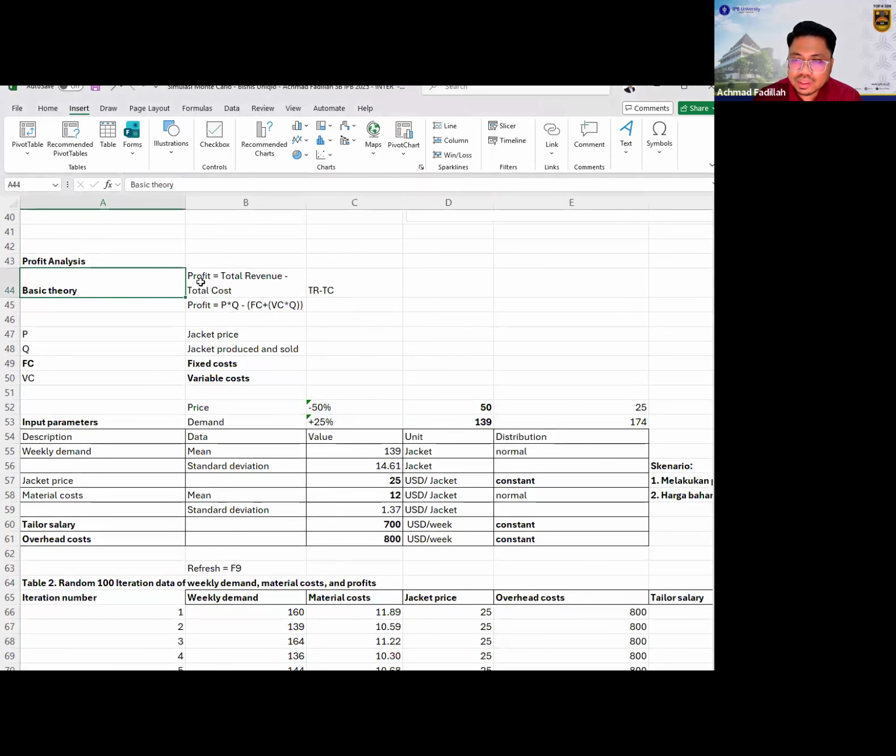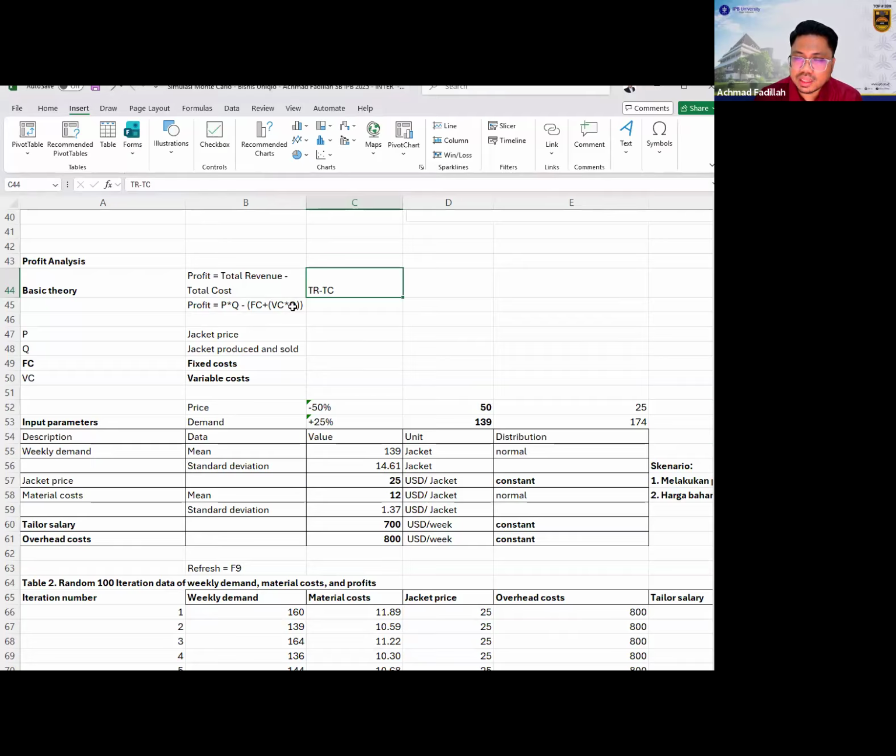The basic theory you need to understand is total revenue minus total cost. Total revenue itself is price times quantity, the number of jackets in this case, about the Uniqlo, and total cost is fixed cost plus variable cost times quantity. You can see here the fixed cost does not depend on the quantity, only the variable cost does.